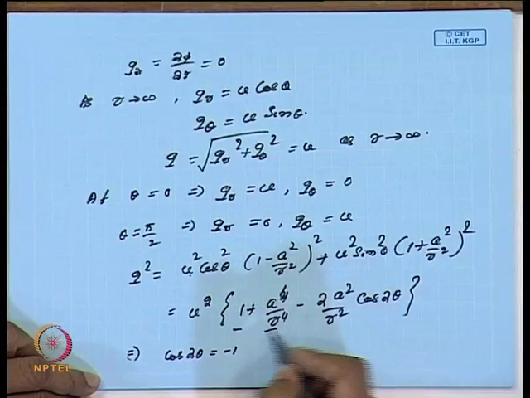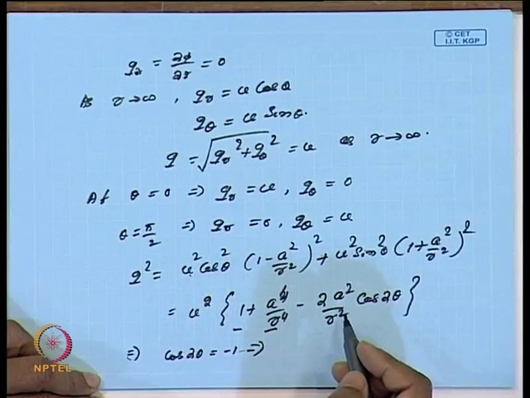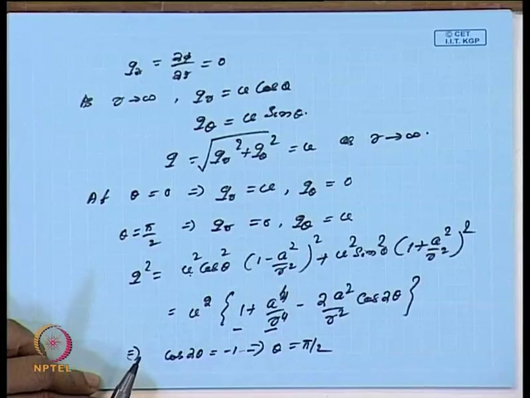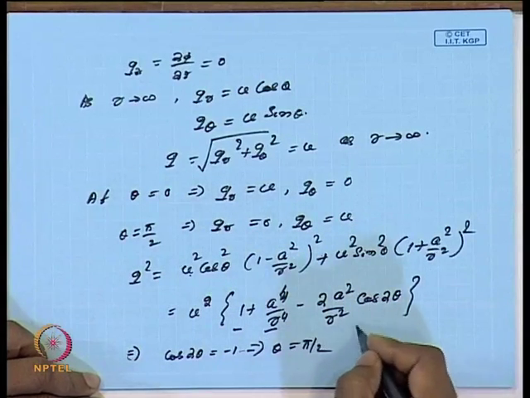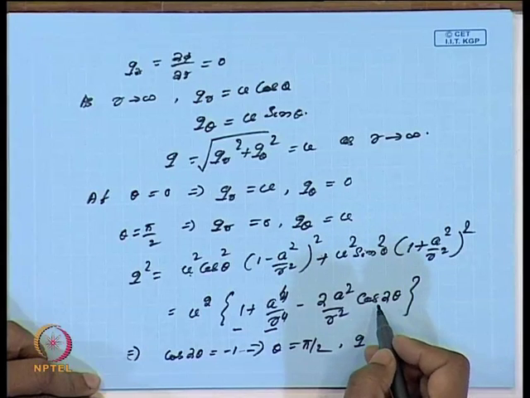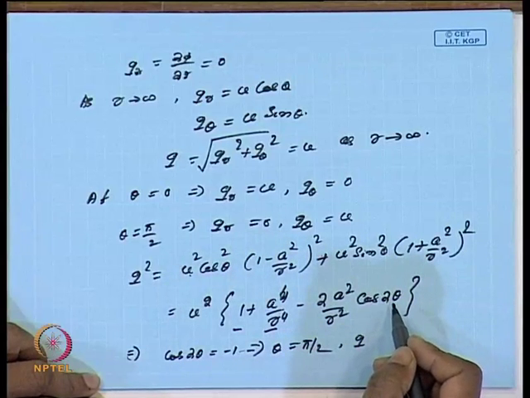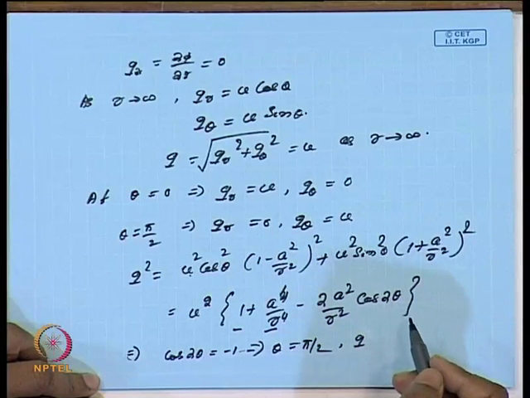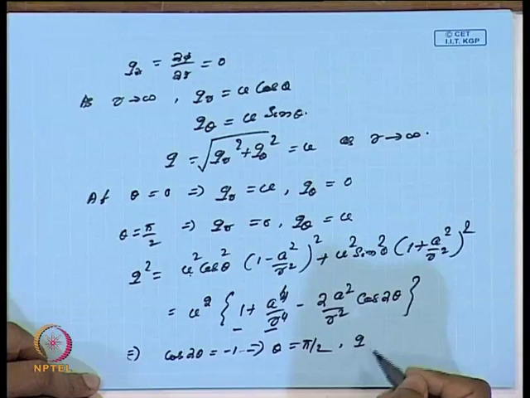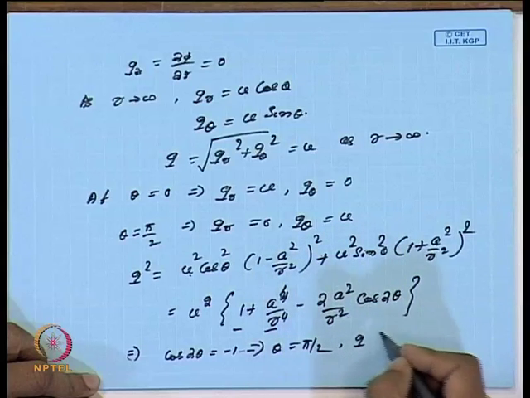If cos 2 theta is minus 1, which implies theta is equal to pi by 2, and q square will be, in that case, theta is pi by 2 and this cos 2 theta is minus 1. So in that case, this will be minus minus plus, so you have q is maximum.